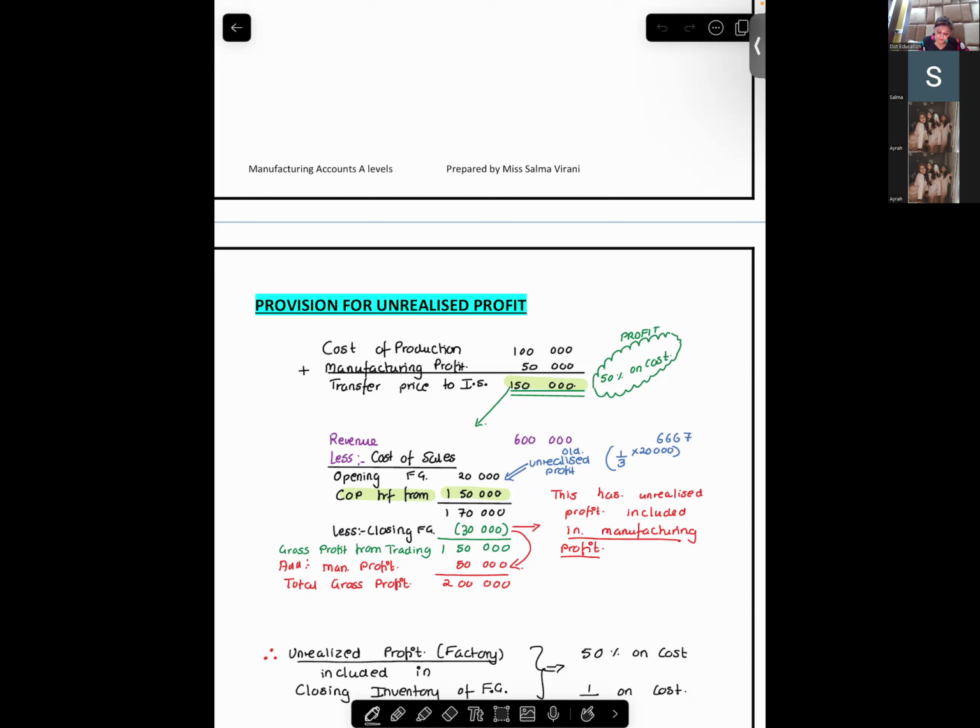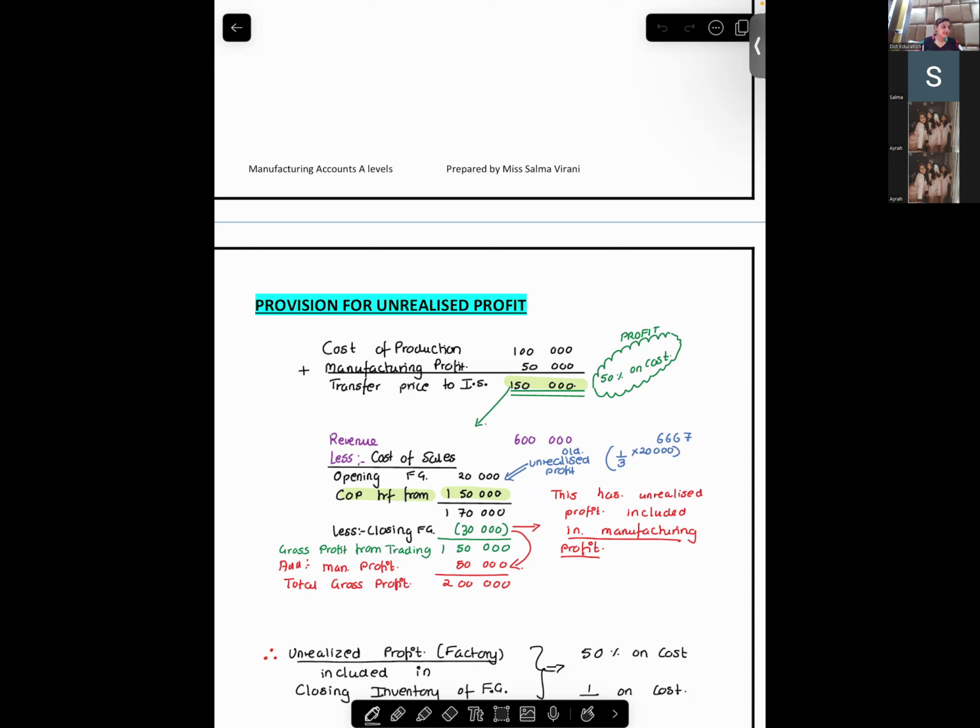So that means when you are doing your income statement, revenue minus cost of sales, you get gross profit on trading. In this gross profit on trading, you also add the gross profit on manufacturing so that you get your total gross profit of 510,000. This is your total gross profit.